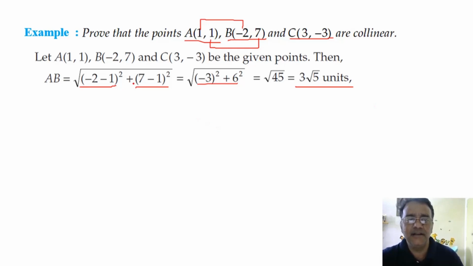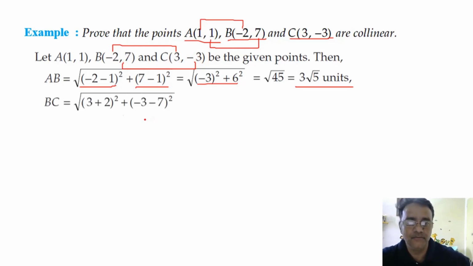Now we'll find BC. BC is square root of 3 minus of -2, which becomes +2 whole square, plus -3 minus 7 whole square. So this will become 25 and this will be 100. 125.